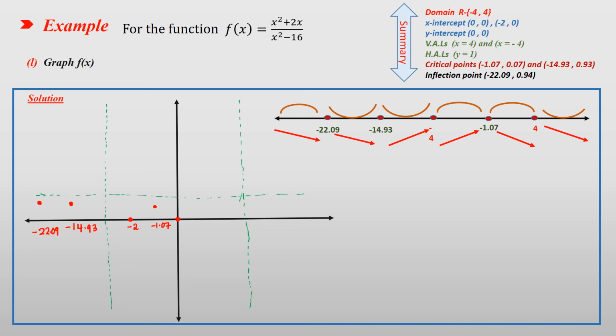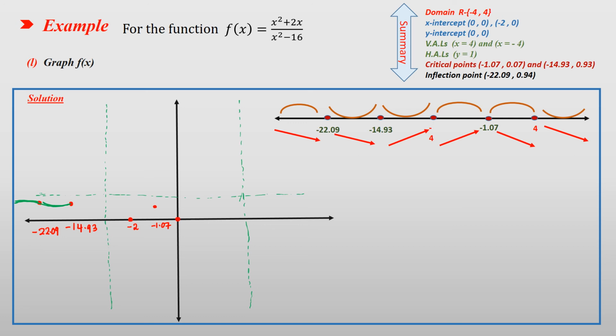So the curve from negative infinity to negative 22.09 is decreasing and concave down. Then decreasing and concave up.